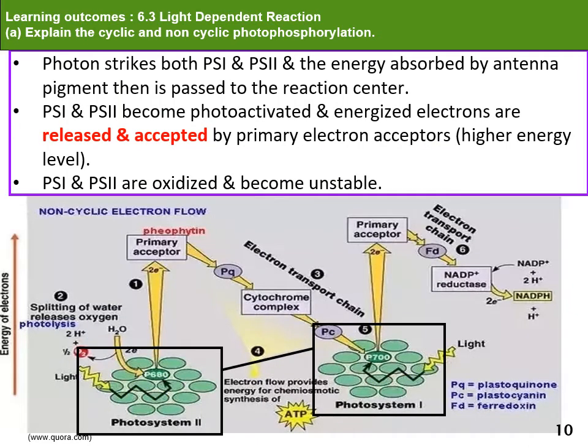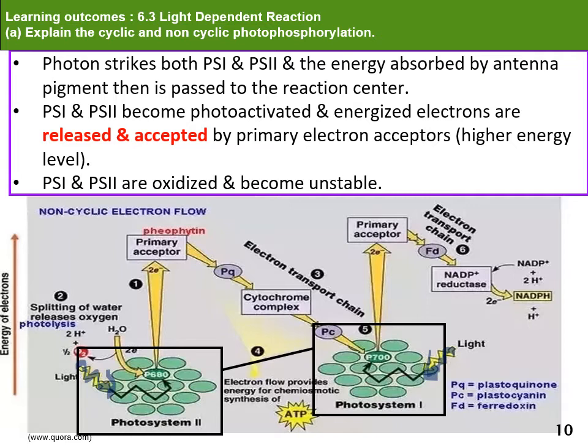Okay, so kita lihat, kita discuss secara lebih detail untuk non-cyclic photophosphorylation. So tadi saya pernah ceritalah. Okay, kalau lihat step yang pertama adalah proses di mana photon strike the both photosystem 1 and photosystem 2. Okay, so the energy ni at the same time, dia akan absorb by the antenna molecule, antenna pigment, okay, from one to another one until it is passed to the reaction center.